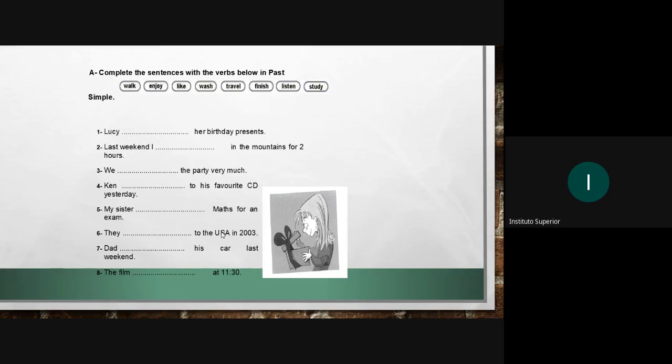Number 6, they traveled, yes, to the USA in 2003. 7, dad watched his car last weekend.